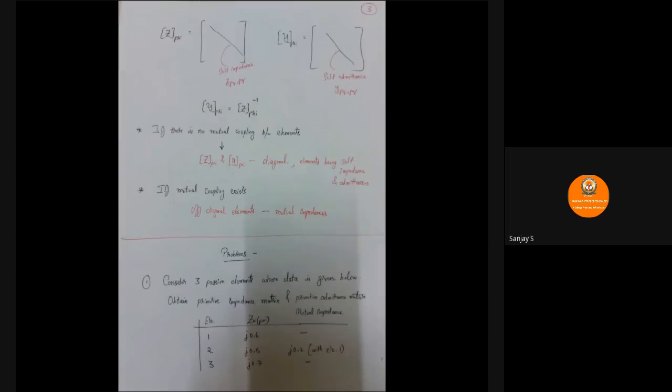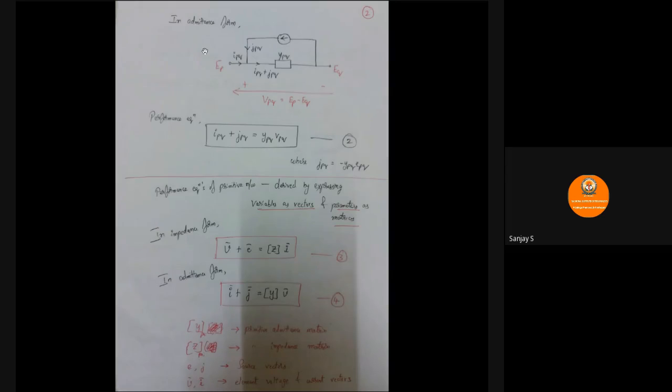From an examination point of view, this definition and derivation will be there in almost every paper. They'll ask you to explain the concept of primitive network and obtain the representation in impedance form and admittance form. This is what you are supposed to do. Define primitive element, define primitive network, represent it in impedance form, write down the performance equation 1, and represent the same in admittance form, write down the performance equations, and then go for alternative representations with the variables as vectors and parameters as matrices to get equations 3 and 4.